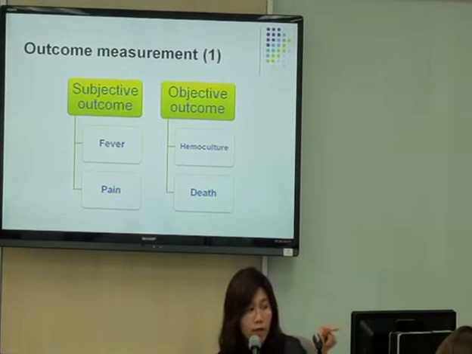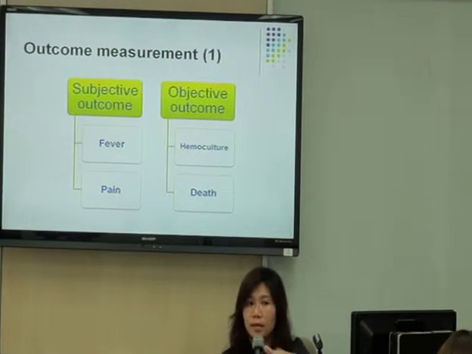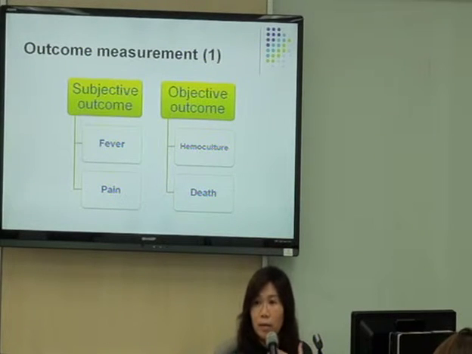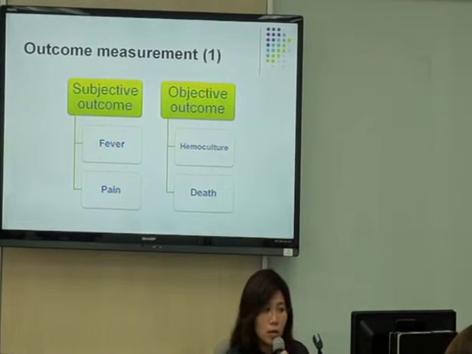If it depends on the subject like this, the way you measure and also the blinding is very important, because it might systematically influence the reporting of the outcome, which we call bias, right? Because they are aware of the group, they are biased in reporting the pain score or the fever score, for example.